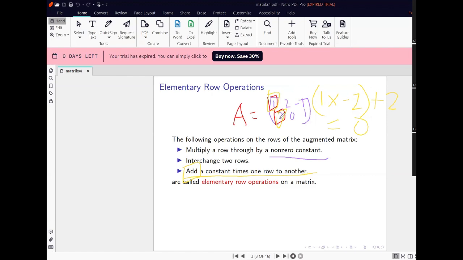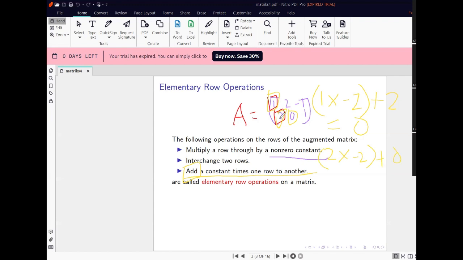This operation has to be applied to all entries. So we also change this 0 using the same operation: 2 times minus 2, plus 0.